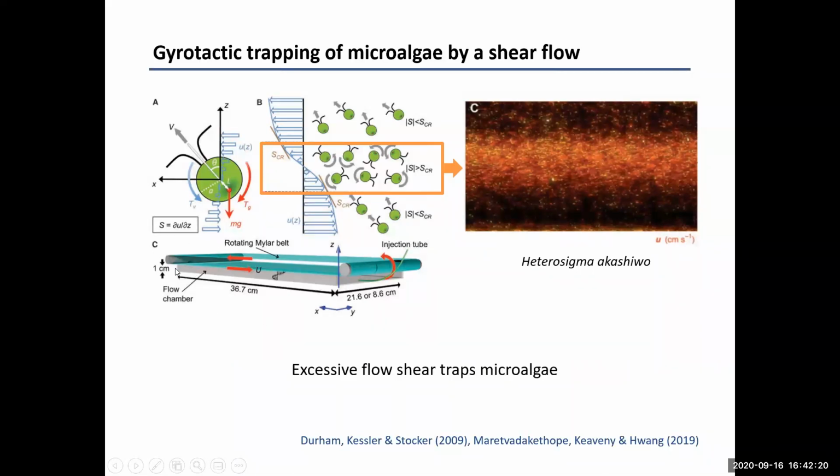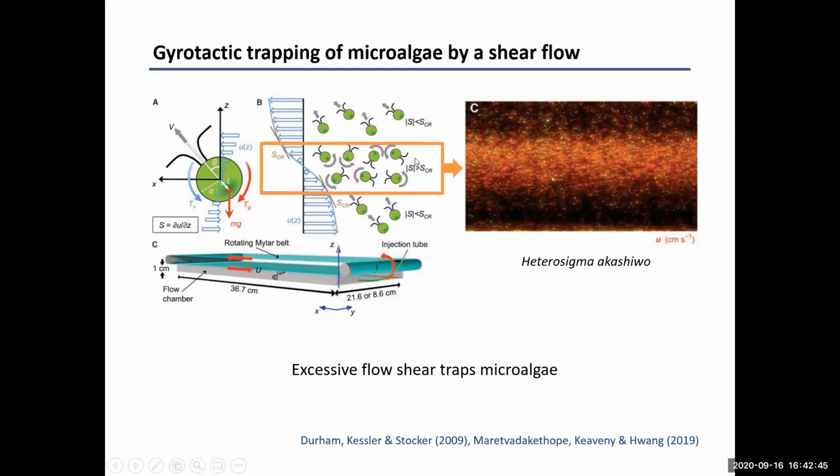This is their small flow chamber. They put a rotating belt here, and they make it move like this, and by doing so they create the flow. Here you see the no-slip condition should apply. So in the middle of the chamber, there is a large shear created by this setup.